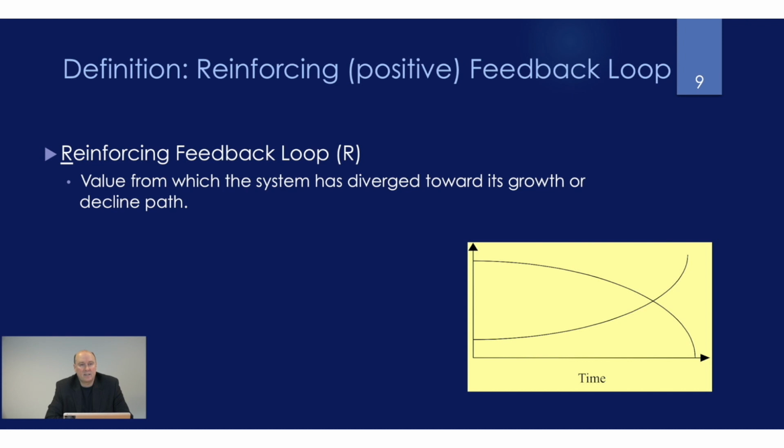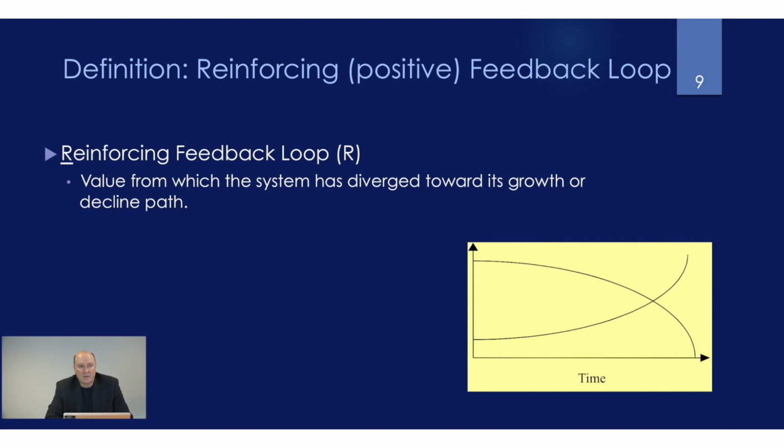Now, there are 2 main types of feedback loops. You've got the reinforcing feedback loop. The reinforcing feedback loop can be represented using the time graph that you have on the right-hand side of the screen. Now, a reinforcing loop generates a compounded effect. So it's cumulative, it's a compounded effect, and so it grows exponentially, and therefore it can either grow downward or grow upward.